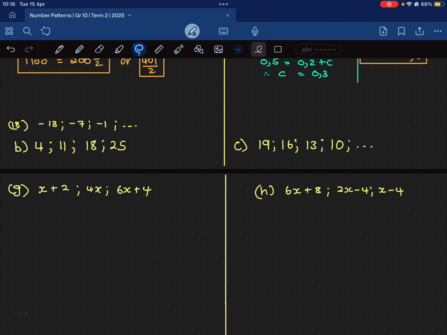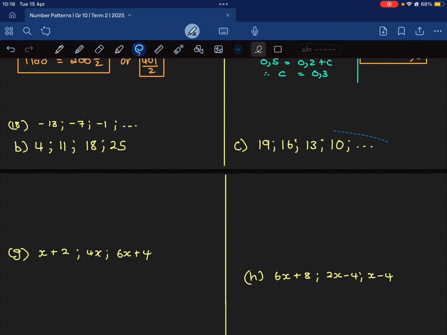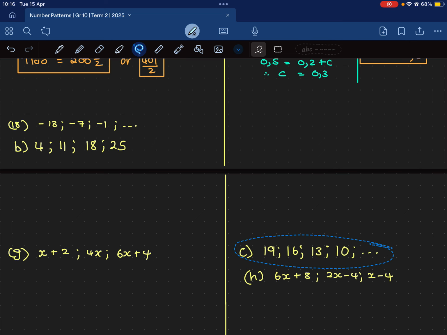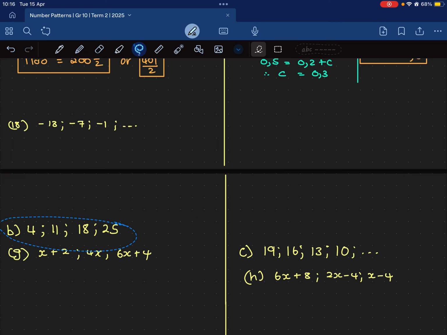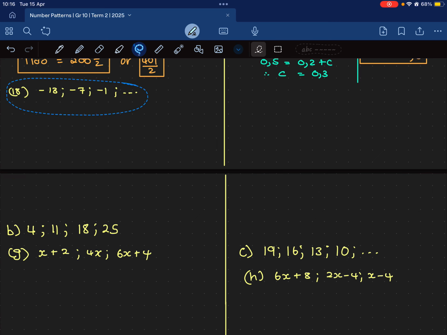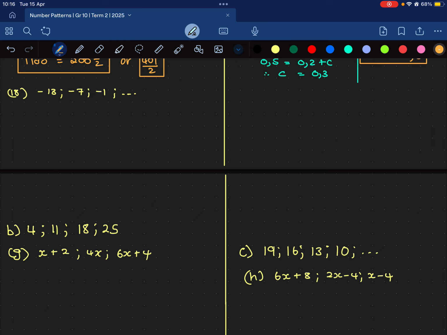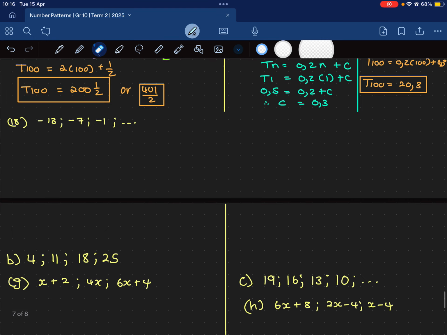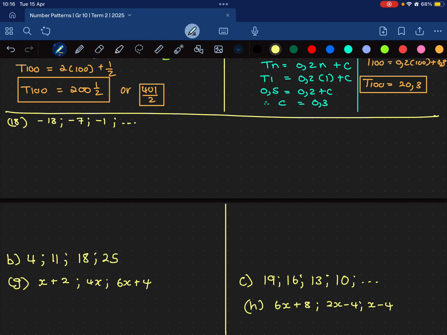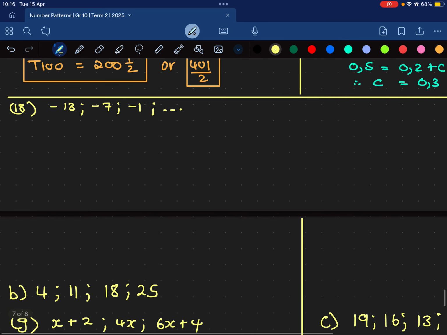Okay, then number 18. Let me just make some more space. Okay, so I'm going to do 18, I don't want to move on to the next page yet, so I'll do 18 using the whole bottom of this page if I need it. Okay, so 18 is minus 13, minus 7, minus 1.